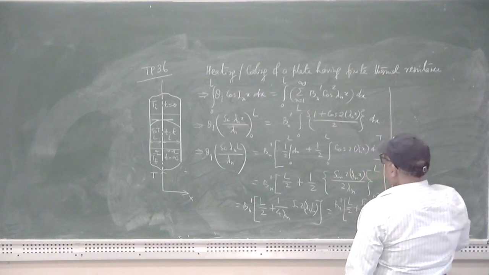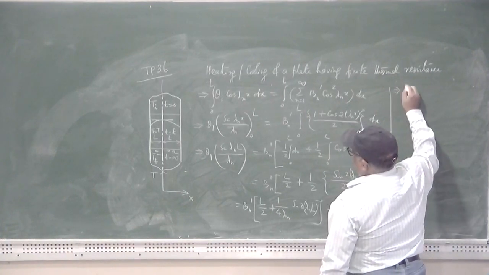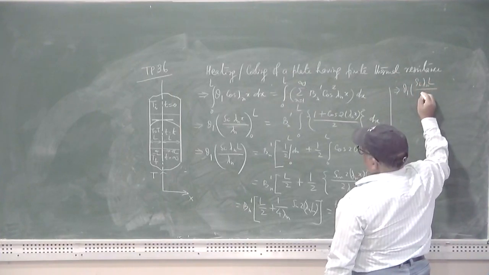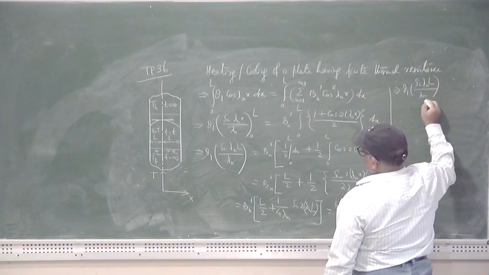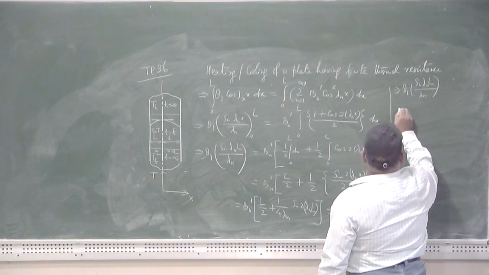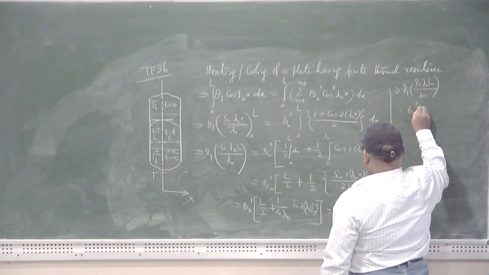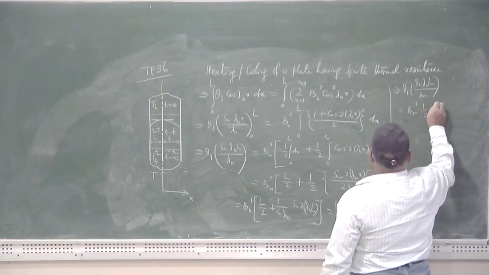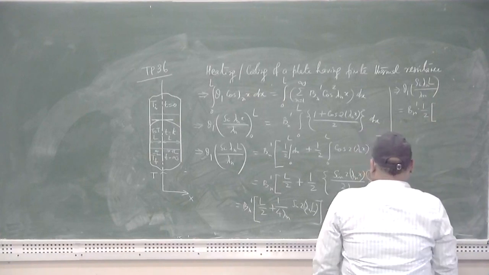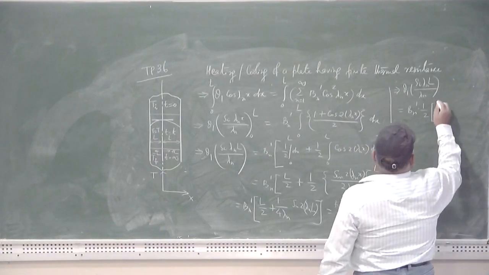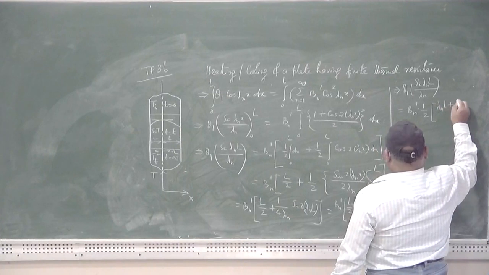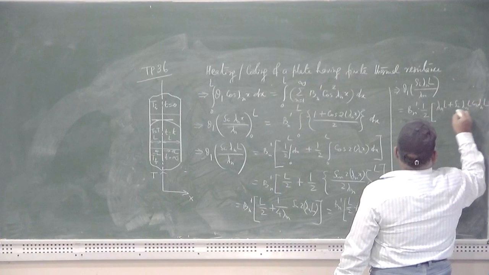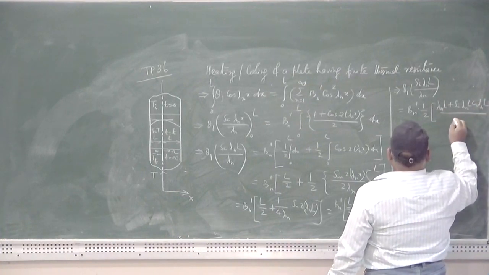Thus we can write theta 1 into sin lambda nL divided by lambda n should be equal to bn dash into half into lambda nL plus sin lambda nL cos lambda nL divided by lambda n.